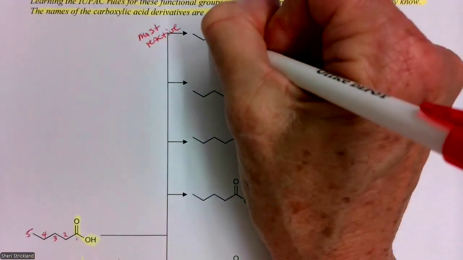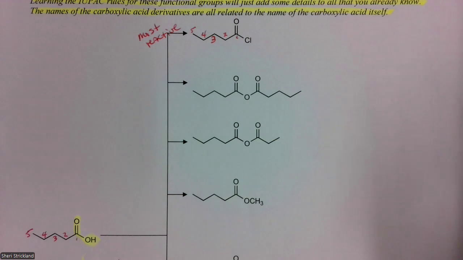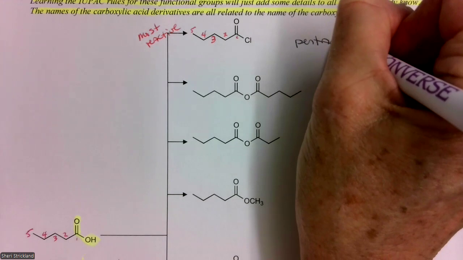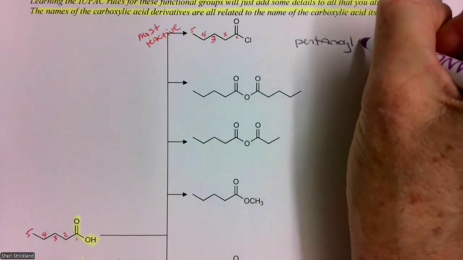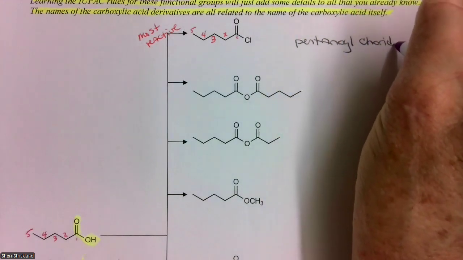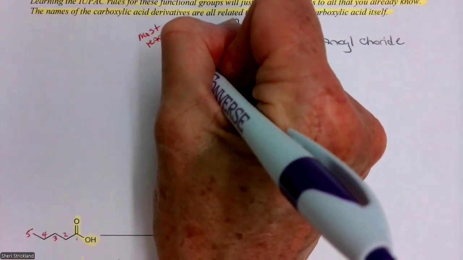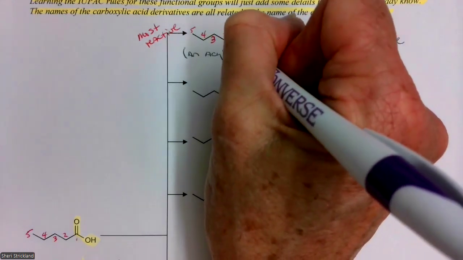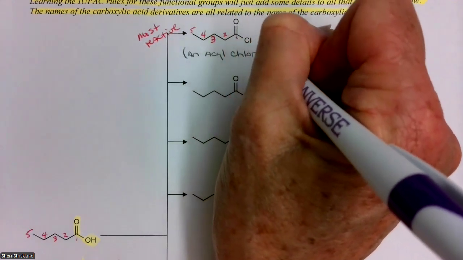And I set them up so that they would have the same numbers. So this guy is pentanoyl chloride. All right, so I'm going to put its type over here and then its name out to the right.